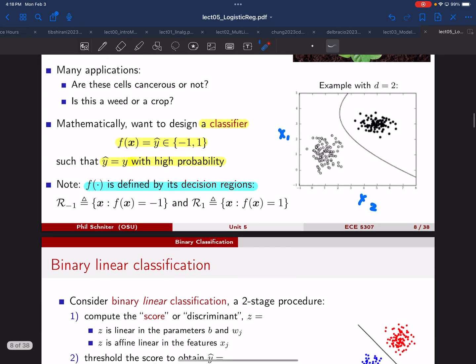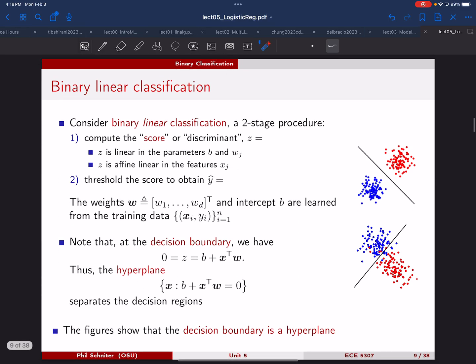Okay. So now, binary classification in general allows you to define these boundaries that are nonlinear. But we're going to simplify things a bit, at first at least, and we're going to consider binary linear classification. And in that case, the boundaries are going to turn out to be lines in 2 dimensions, or planes in 3 dimensions, or more generally hyperplanes. And this is a 2-step procedure that we're going to do. So the first step should look very familiar from linear regression.